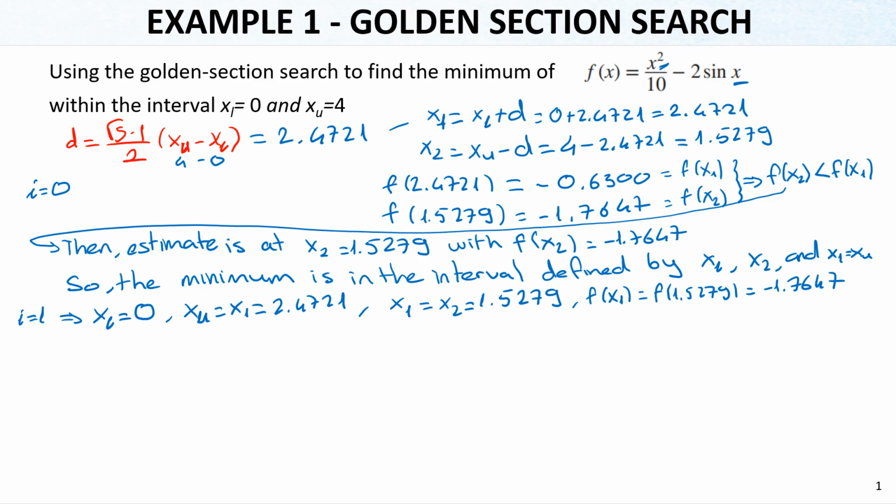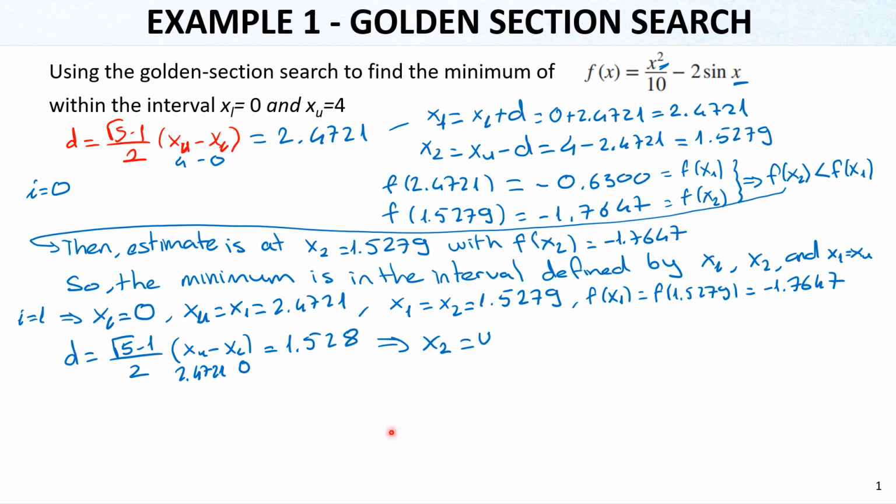Now all that remains is to compute the new value of d and x2. So let's calculate d again. D was root 5 minus 1 divided by 2 times xu minus xl. And again here xu is 2.4721 this time and xl is 0. Then from here 1.528. With this we will find x2 again, because we already have x1, we don't need to find it again. X2 is basically with the new xu.